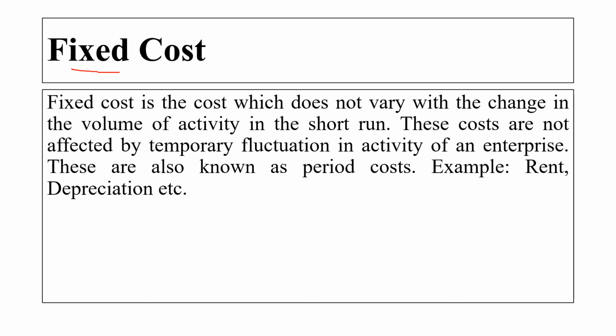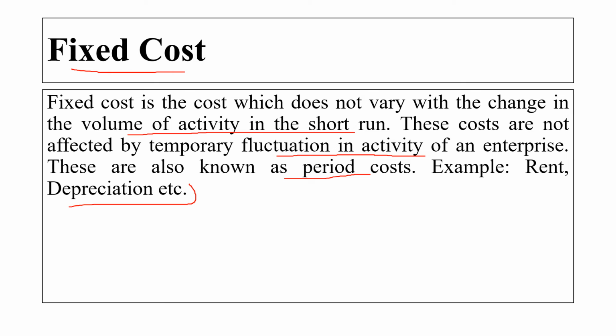Then is the fixed cost. Fixed cost is the cost which does not vary with the change in the value of activity in the short run. These costs are not affected by a temporary fluctuation in the activity of the enterprise. These are also known as period cost. For example, rent, depreciation.